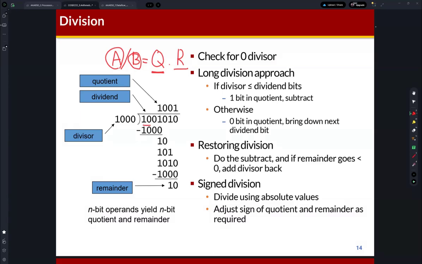But this is integer division. So if we perform division like 5 divided by 2, what's the quotient? The quotient is 2, right? It just generates an integer number. In order to generate a floating point number, we need to use floating point numbers for the dividend and divisor. And what is the remainder? The remainder is 1, right?